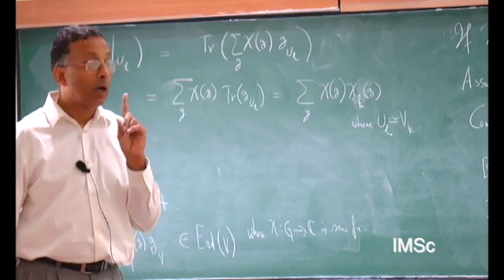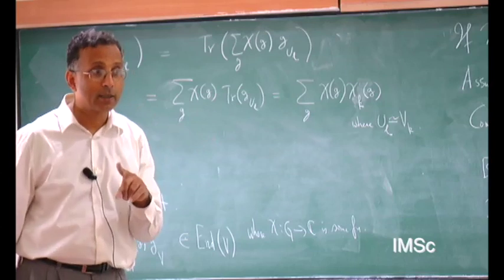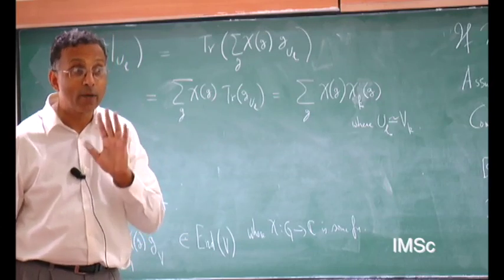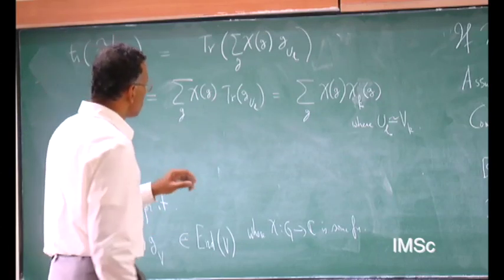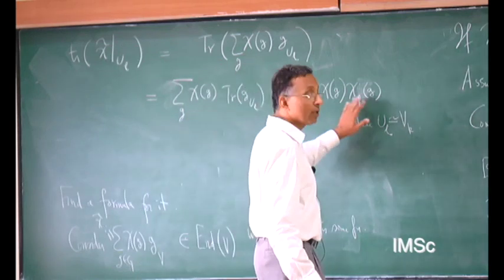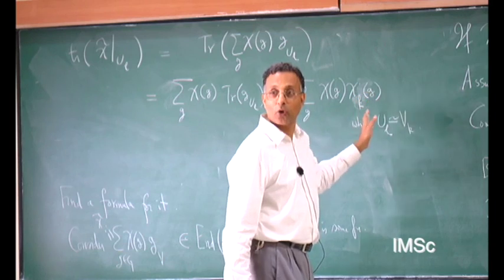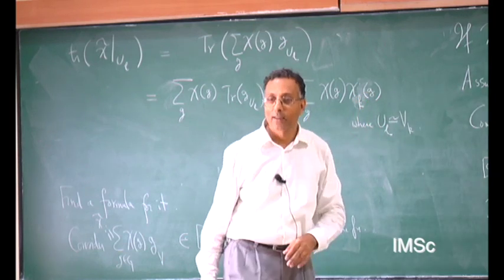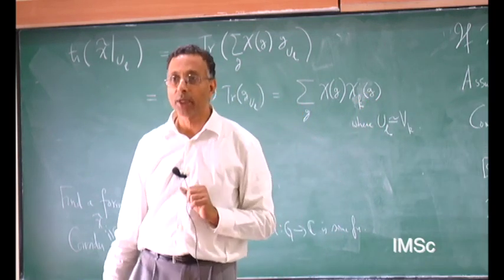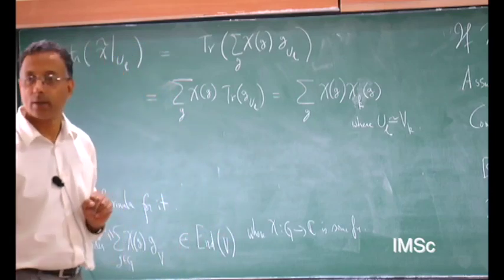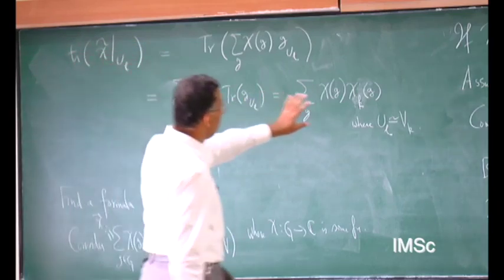If, on the other hand, it is not, then I want it to be 0. Now, you know something about the orthonormality of the characters. So, can you guess what chi must be? I want this to be 0 for something.